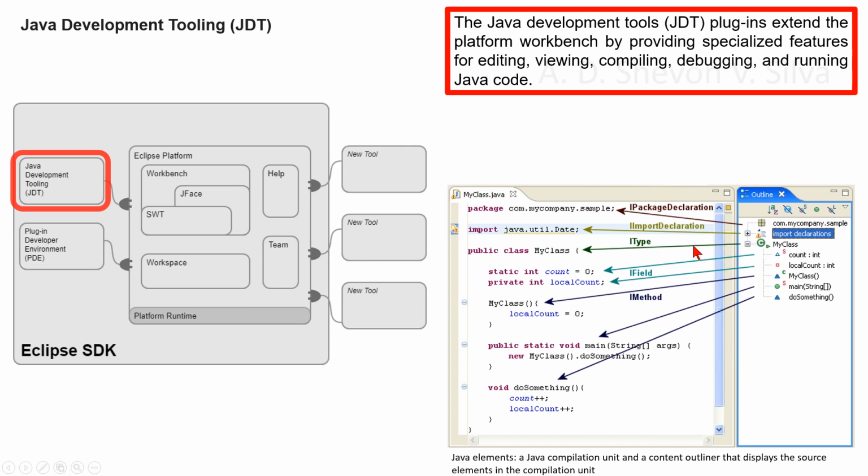Here you can see IType, which represents either a source type inside the compilation unit or a binary type inside the class file. Here you can see IField represents a field inside the type, child of IType. Here you can see IMethod represents a method or constructor inside the type, child of IType.